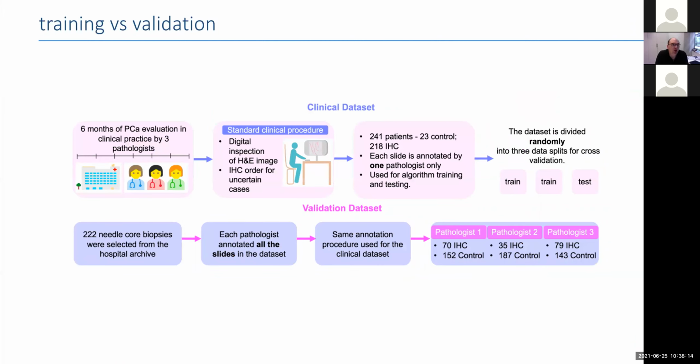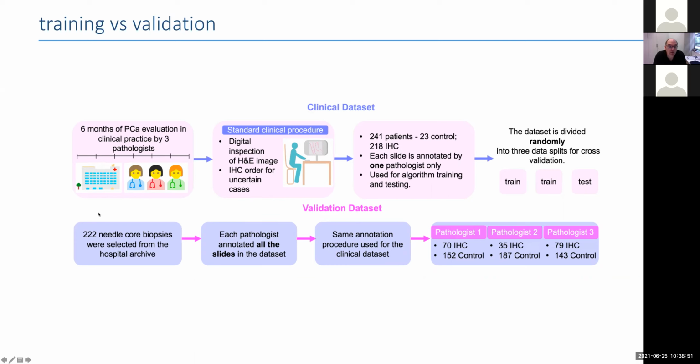Just to give you a better idea how much data was used for training and validation. We used data from 6 months, and we worked closely with 3 different pathologists. We had 241 patients, 23 control, 218 IHC requests, where each slide was annotated by only 1 pathologist, and that was used for training and testing using these 3 splits.